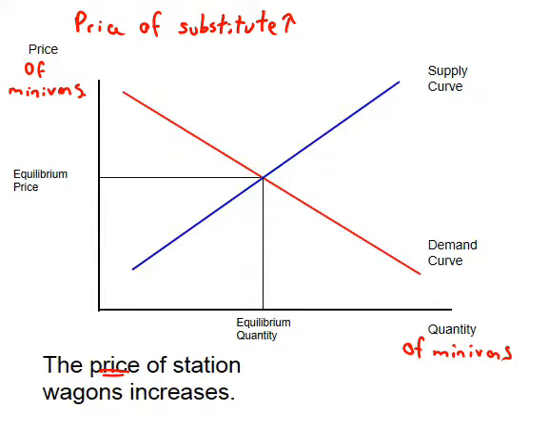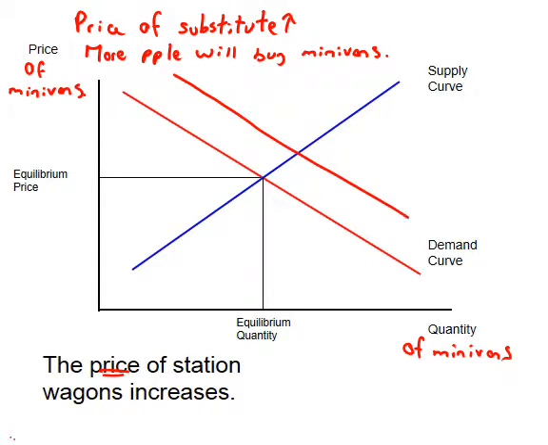Because the price of station wagons has gone up, more people will buy minivans. So the demand curve for minivans is going to shift to the right, D1, D2, and again we can see that quantity has increased and price has increased.